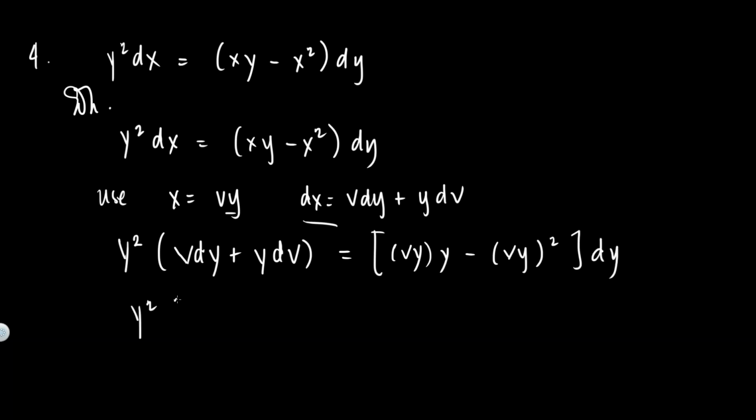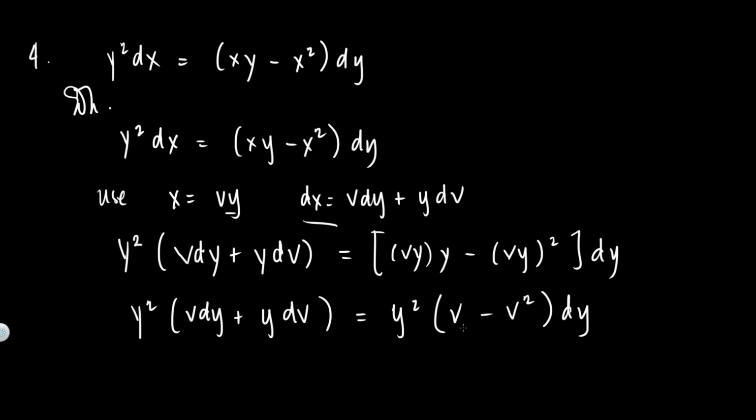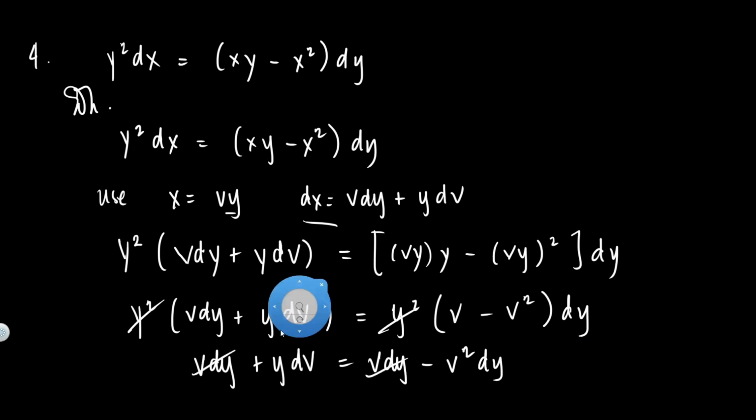So, y squared times v dy plus y dv equals, factor out the y squared. So, y squared times, ano natira dito? v minus v squared, then dy. Cancel yung y squared. Then v dy plus y dv equals v dy minus v squared dy. Parehong may v dy, alisin na rin natin.